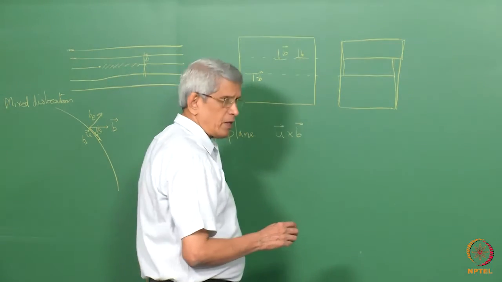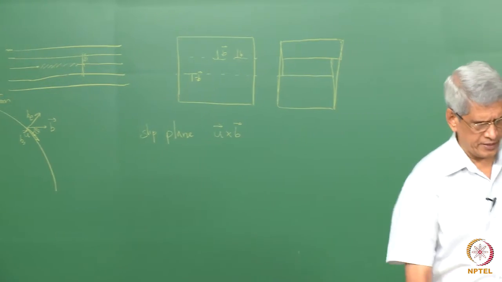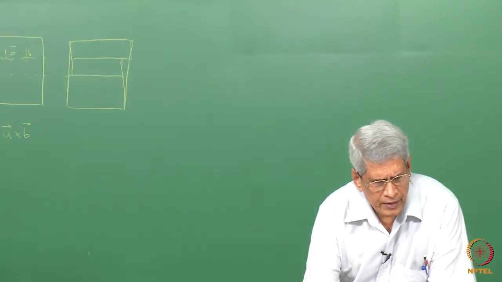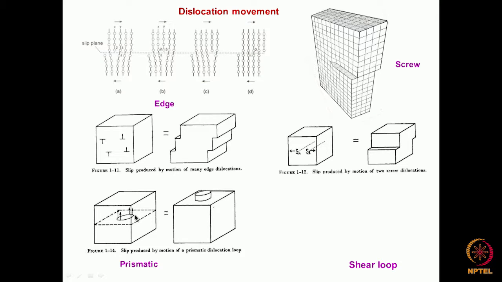So the slip plane, which is perpendicular to the line direction as well as the Burgers vector, is essentially this particular plane, which is perpendicular to the plane in which the loop is lying. So the loop has to move up or down, and finally it will come out, creating a step. This is what essentially will happen.